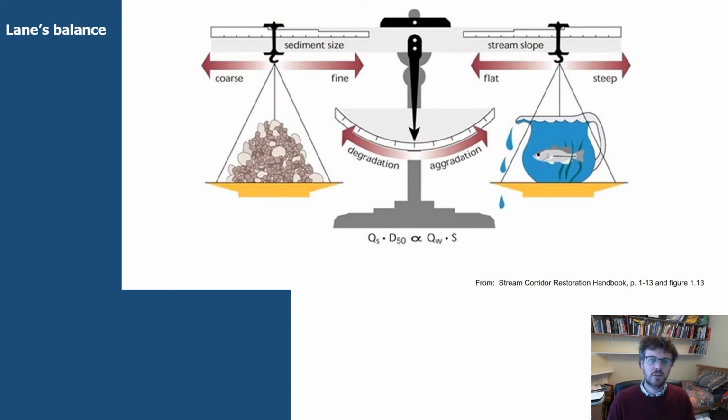Lane's balance is a conceptual model in fluvial geomorphology that can help indicate whether a reach is likely to degrade, or lower its elevation, or aggrade, i.e. increase its elevation, as a consequence of changing sediment or water supply from upstream. We have a balance overall.